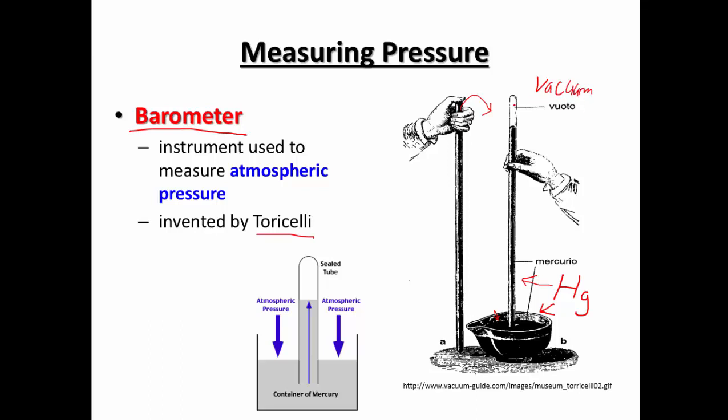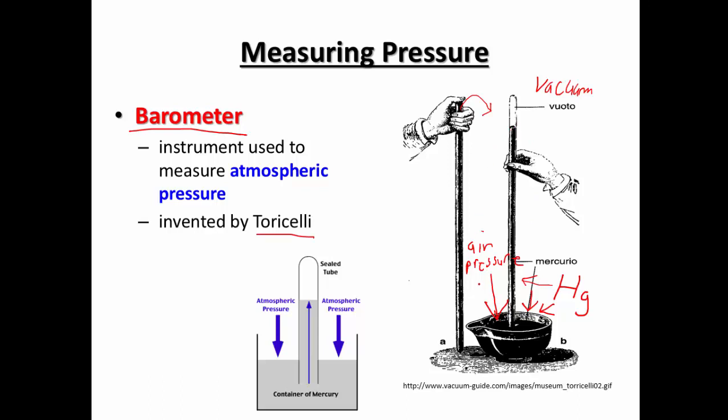That vacuum up here is just empty space. Some of the mercury came out from the top, and the rest of the mercury is just down below. And there's air pushing down from the atmosphere. So air pressure is pressing down and holding that mercury in place.